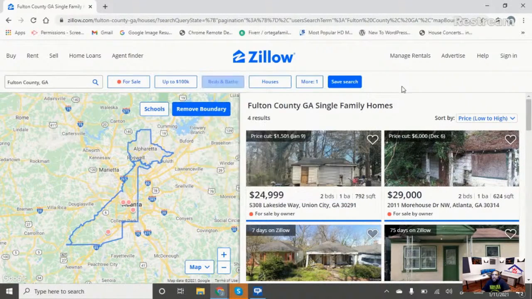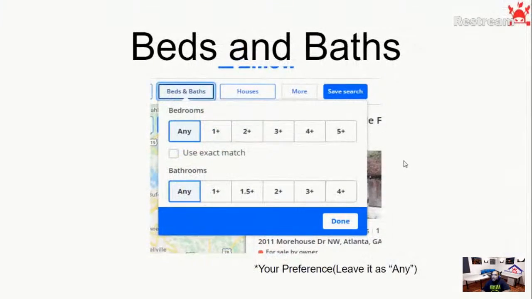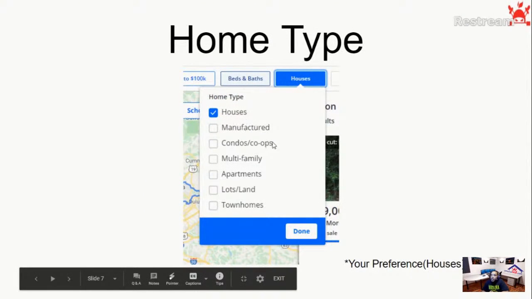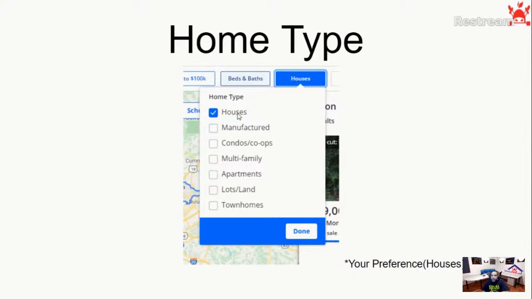And then right here, the next step is to set up your home type. This is your preference, but my preference is houses, as in single family homes. I have wholesaled townhouses and apartments and condos and some manufactured homes.